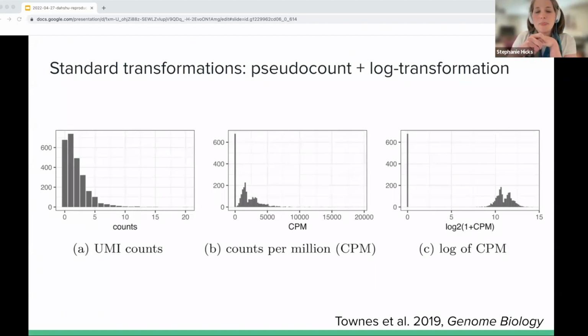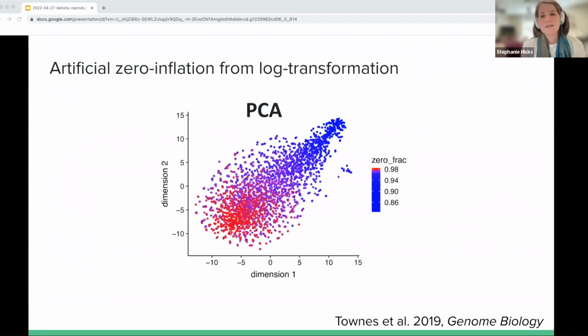Okay, so what happens when you apply PCA to these log2 transformed counts per million single cell RNA-seq data? Here are the first two principal components of those monocyte cells. Every point here is a cell.